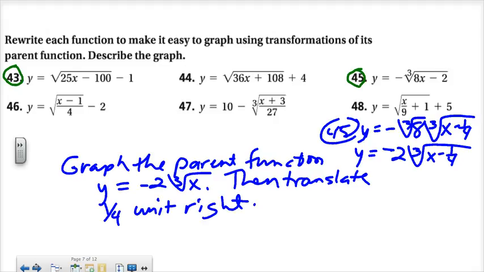No k value on that one, so we would just stop with that. And they're not having us graph these, they're just having us talk about those translations as we go through there. Just get them into that h and k is what they're basically having us do.